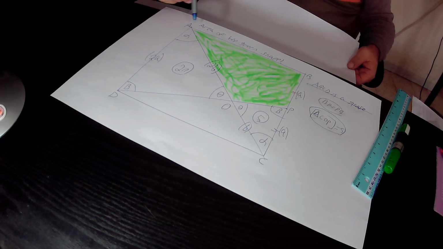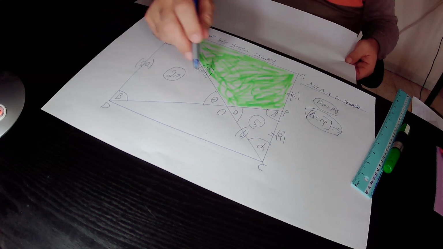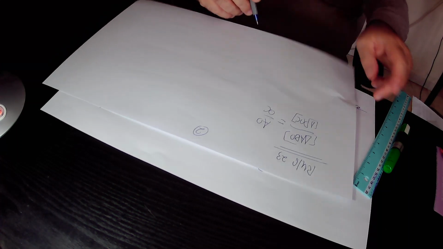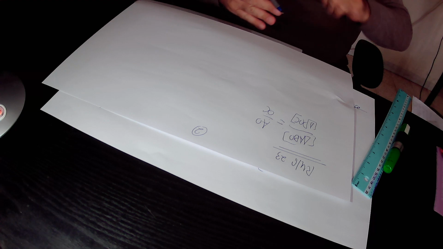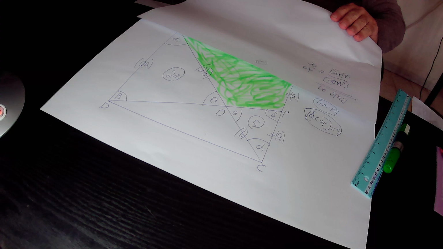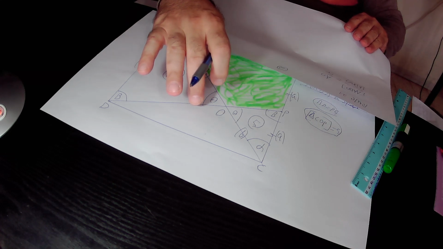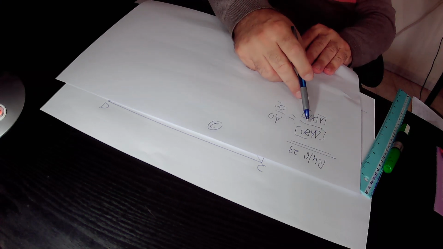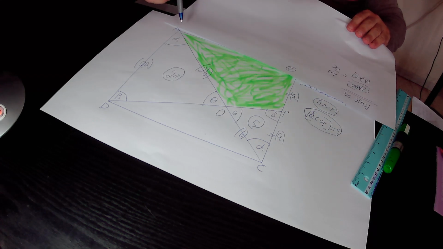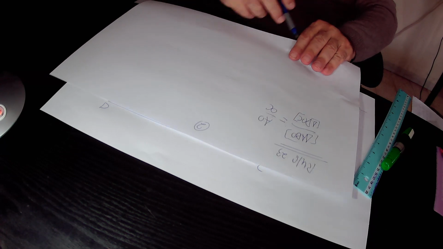The base of triangle DOA is AO, and the base of triangle DOC is OC. So this equation is the implementation of rule 23 in our drawing. That ratio equals the ratio between their corresponding bases, that is actually AO over OC. Okay.